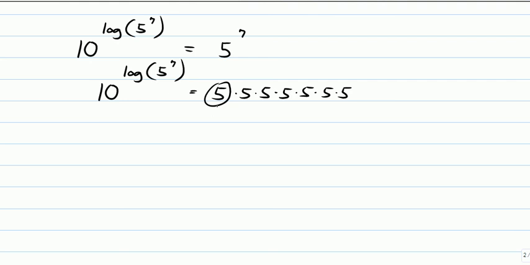Each of these 5s is 10 to the log of what? 10 to the log 5 is 5. Log 5 is the exponent you put on 10 to make 5.